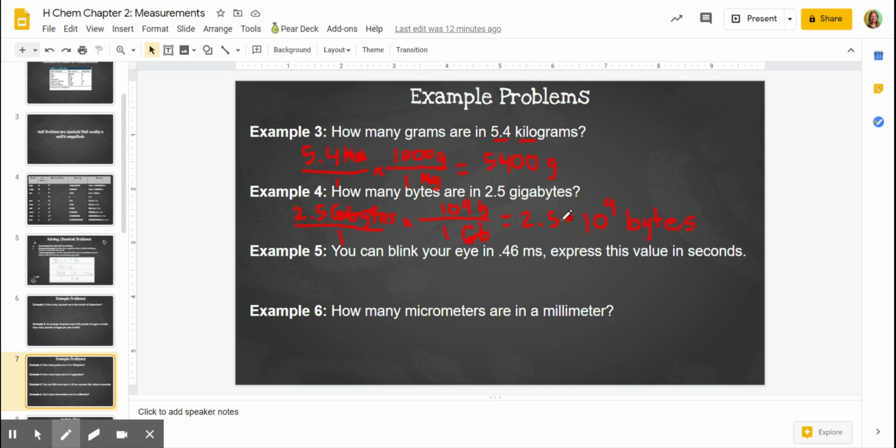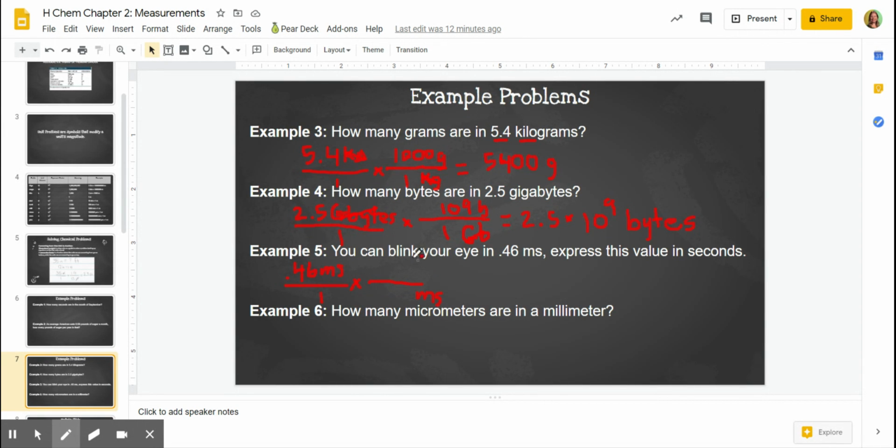Okay, for the next problem, here's our given 0.46 milliseconds. So 0.46 milliseconds over 1. And I want milliseconds to go away, so I'm going to put them down here.